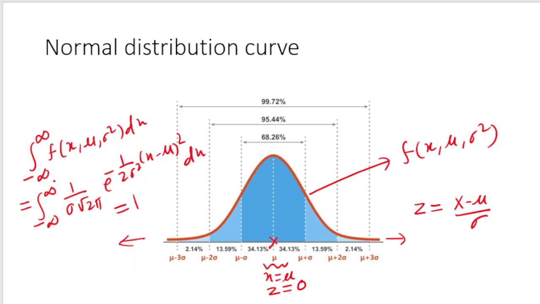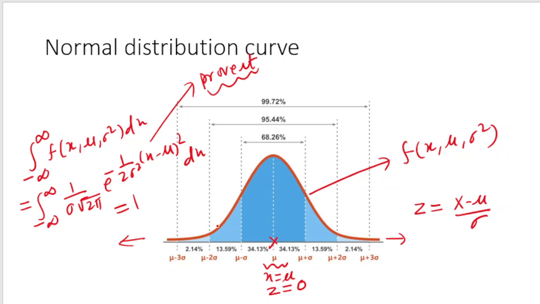The total probability is equal to 1, and this is one of the characteristics of a probability density function. Some of the students who might be interested, you should also try to prove this. I would leave this as an exercise for you, but here we are assuming that this can be proved to be equal to 1.